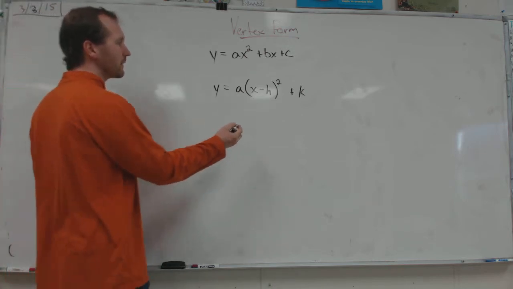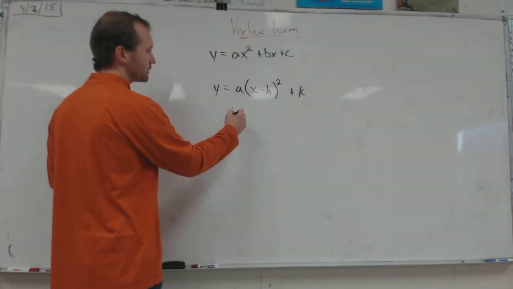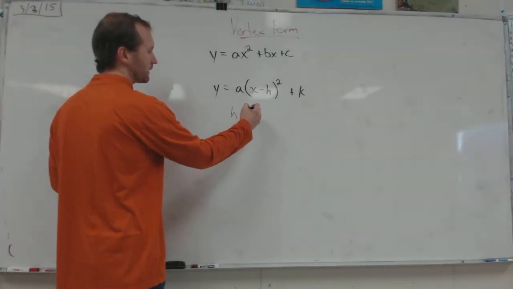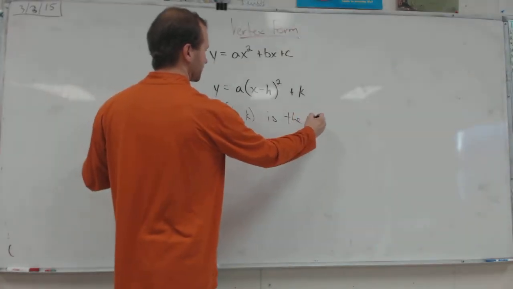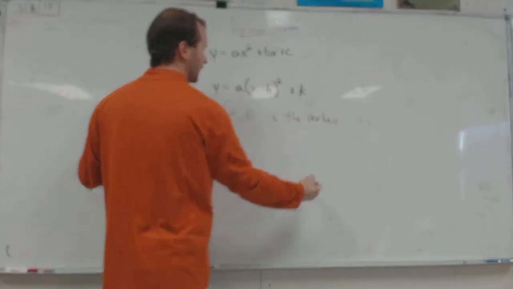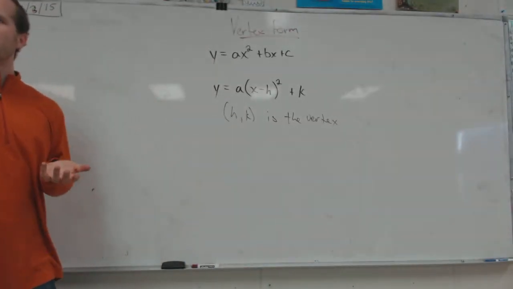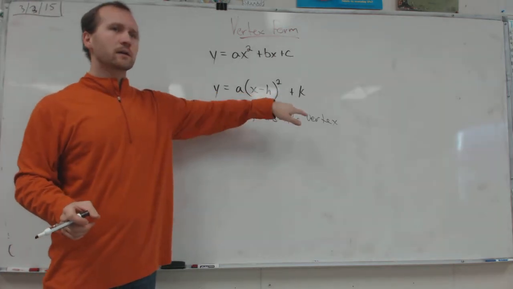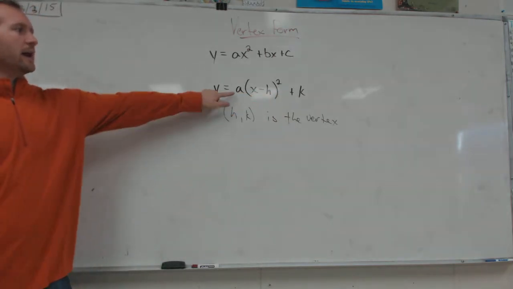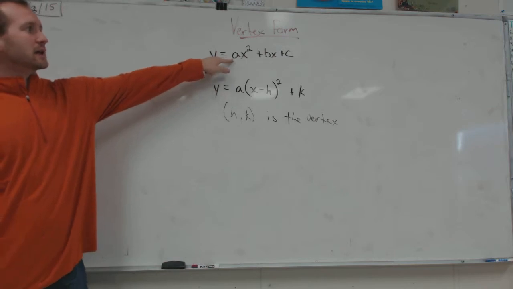But the beautiful thing about this is h comma k is the vertex. And if you think about graphing a quadratic equation, all you really need is the vertex and a. So this a is the same as this a.